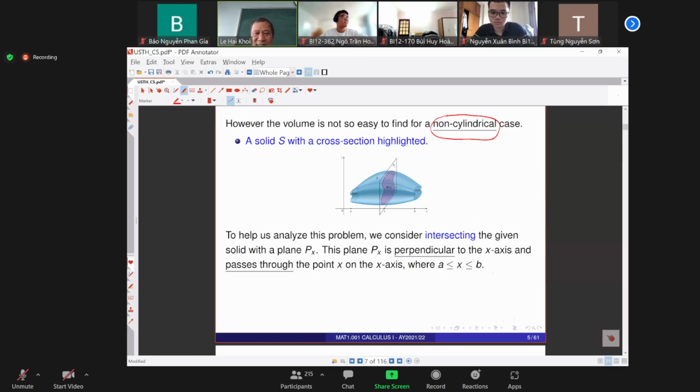In this case, please remember, we use the so-called cross-section. Cross-section, what is that? A cross-section is the part of the solid lying on some plane.